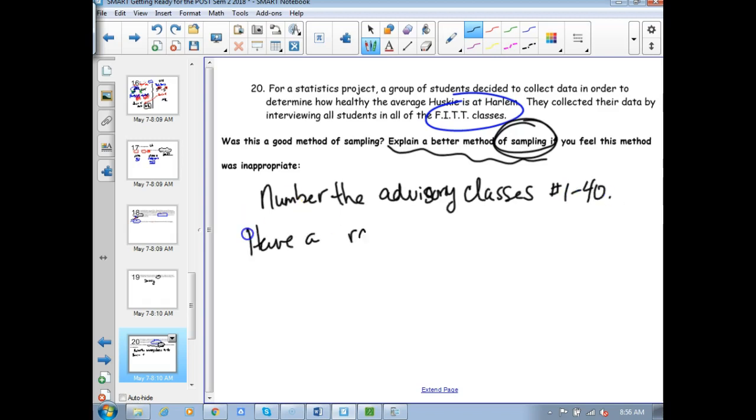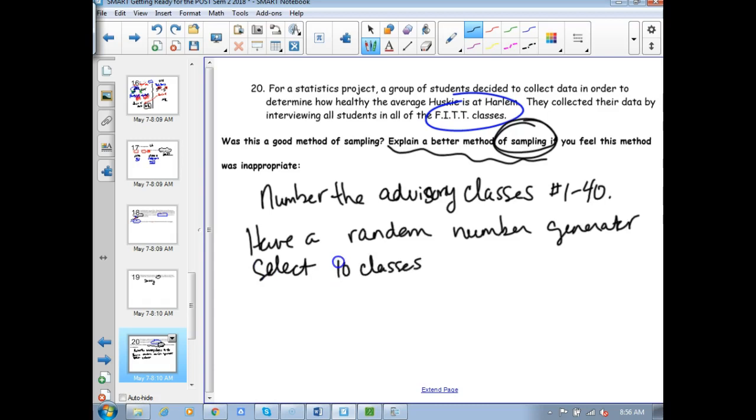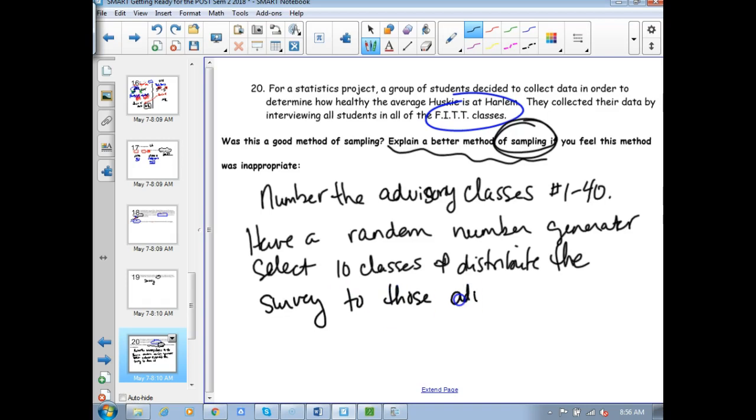Have a random number generator select, oops, you can't read that, select 10 classes and distribute the survey to those advisories.